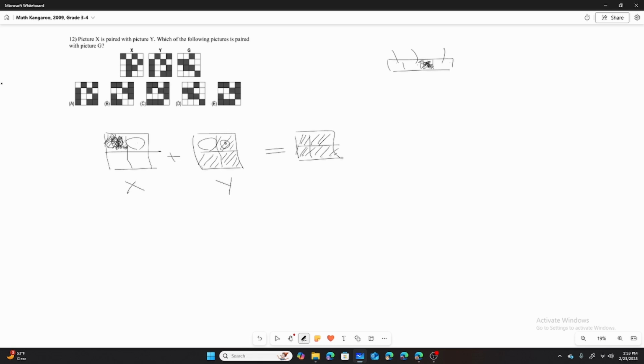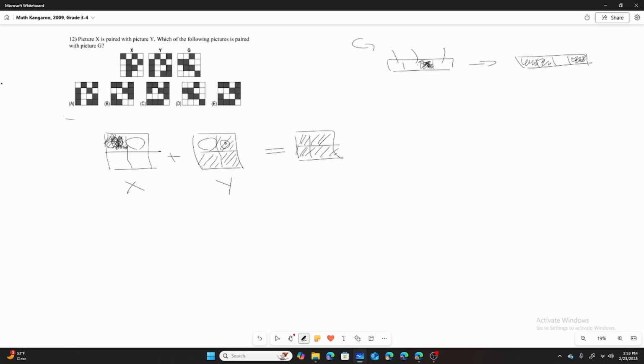So that means that this part has to be black, this part has to be black, right? So if this is G, the answer has to be this. So we can eliminate A, right?